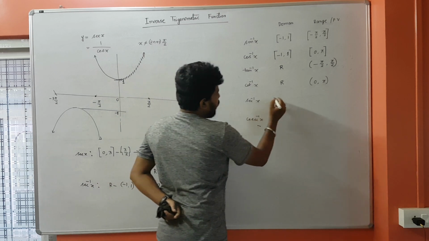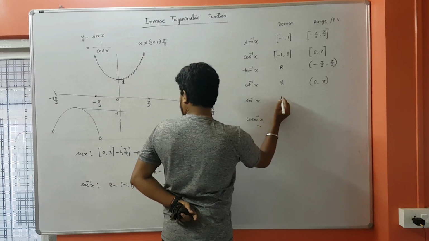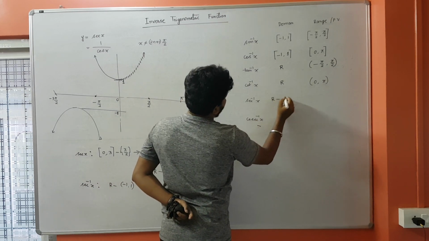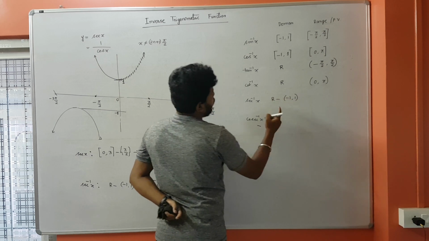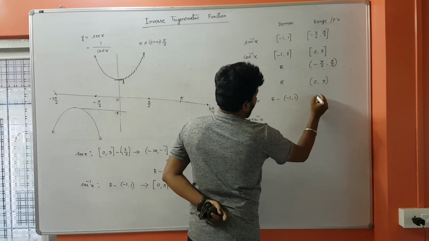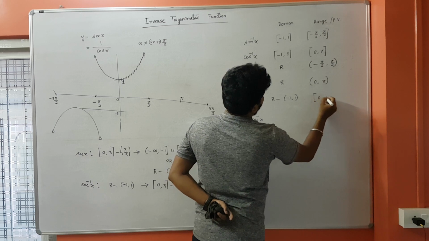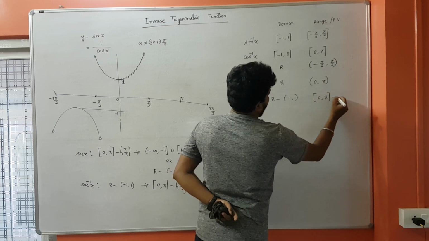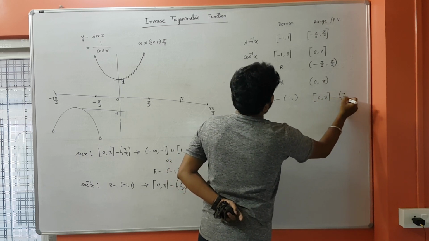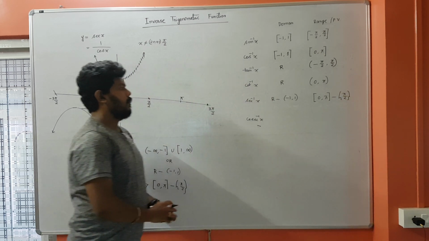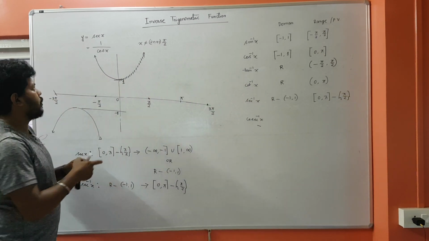Therefore, for sec inverse of x, your domain is R minus (-1, 1) and the range will be 0 to π except π/2. This is your sec inverse of x function.